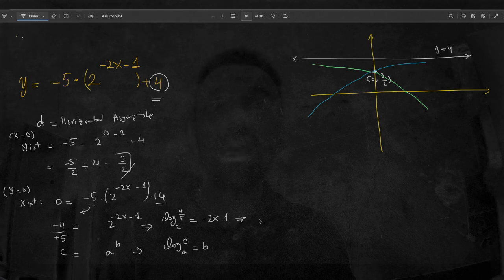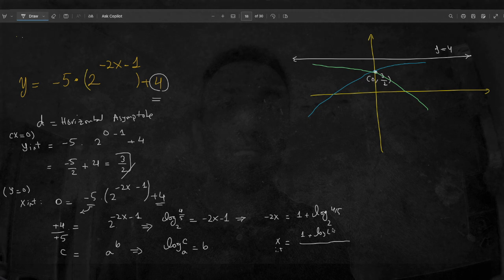So you can simply say minus 2x equals 1 plus log of 4 divided by 5 with base 2, and then everything divided by minus 2. So the x-intercept equals 1 plus log of 4 divided by 5 with base 2, over minus 2.